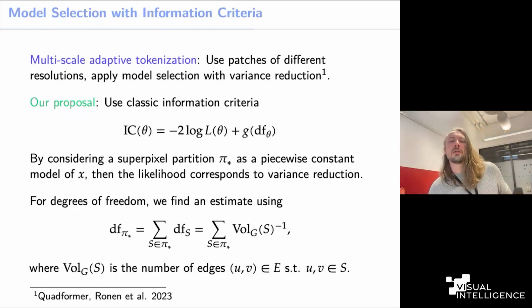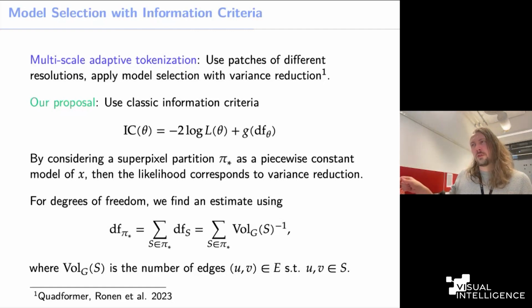We can get an estimate of the degrees of freedom by using the volume of the region given the graph, which essentially corresponds to the number of edges in the original edge set that are also included fully in the superpixel. Using that gives us a way to use this information criterion to prune the tree.